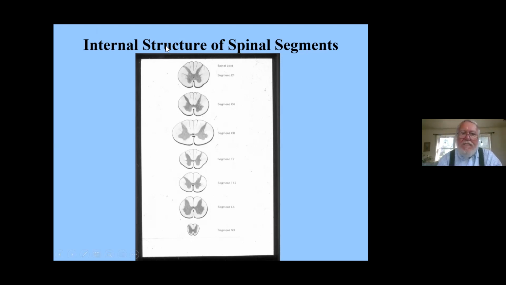Then what you can see right here is the dorsal horn, and you can see the ventral horn. And we'll talk about that more, and they're quite large. And then right in the center here is the central canal. And remember that the central canal is the continuation of the ventricular system.